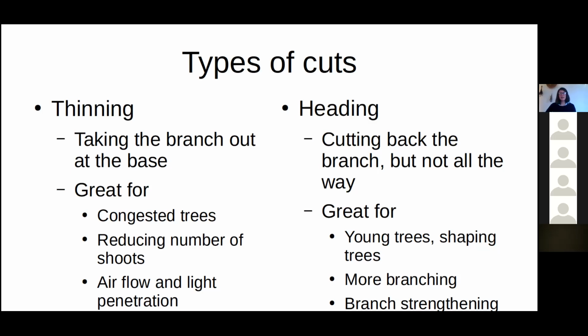Heading cuts are slightly different. Heading cuts, you're cutting back a little portion of the branch, maybe by 1/3, for example. This is going to cause a little bit of stimulation in the branch. It's great for stiffening up weak branches, and it's great to encourage more branching. So heading cuts are great for young trees.